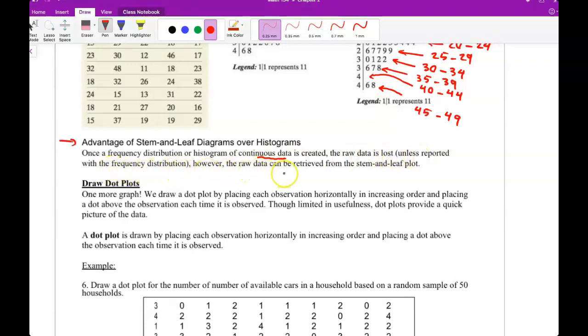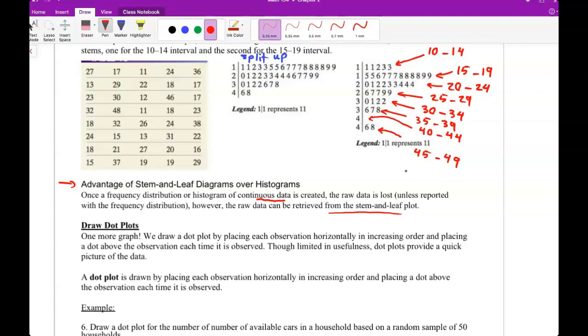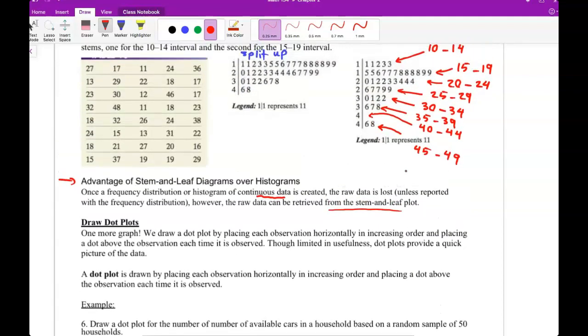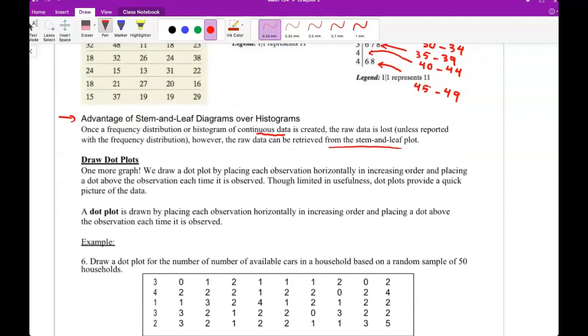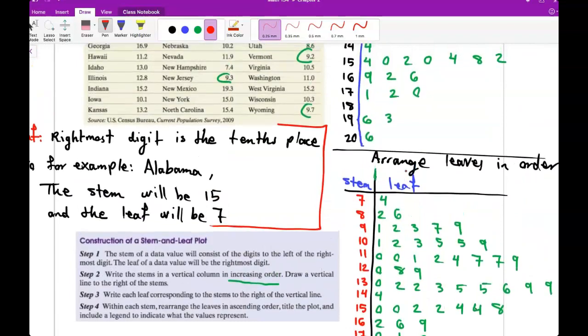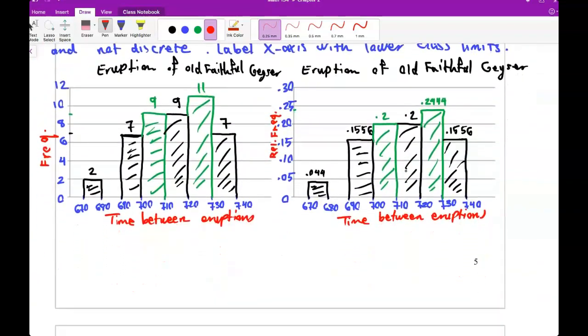However, the raw data can be retrieved from the stem and leaf plot. So that is the advantage of using stem and leaf diagrams over histograms. So we finished that part related to stem and leaf.